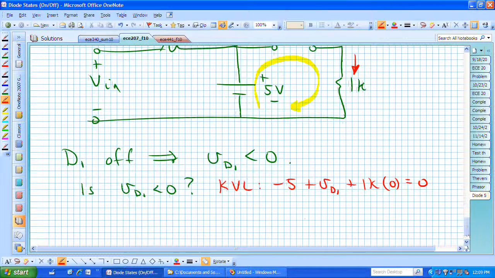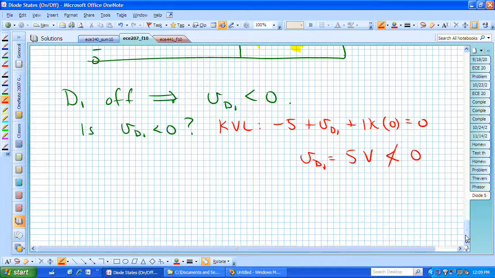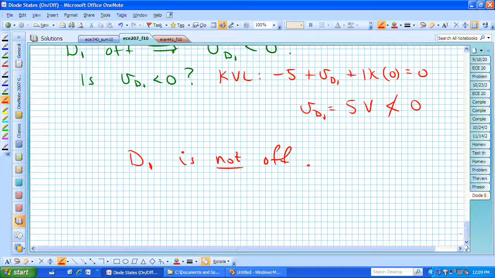We see then that VD1 is equal to 5 volts, which is not less than 0, which says then that D1 is not off if diode 2 is conducting. So we know that that condition cannot be a valid condition.